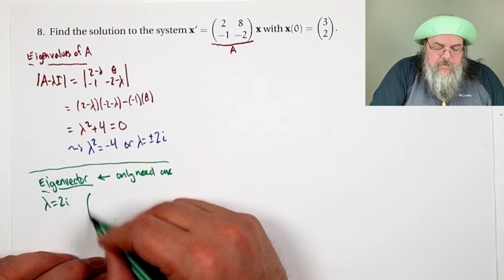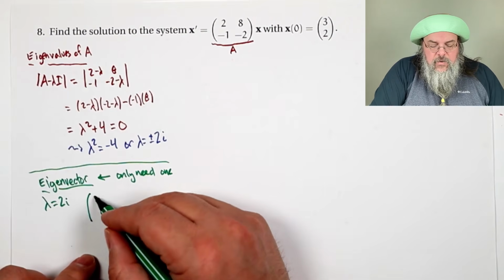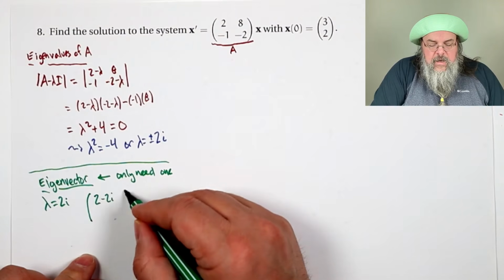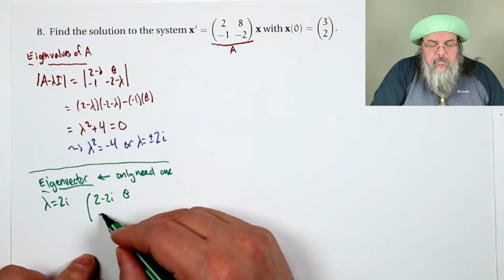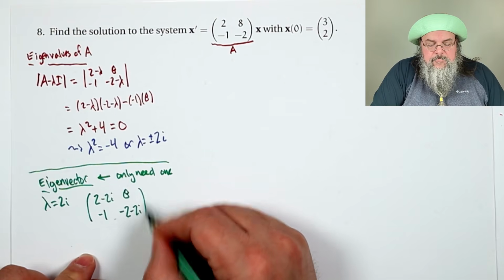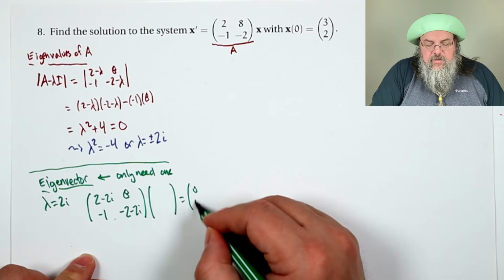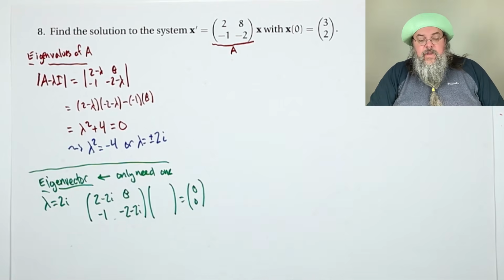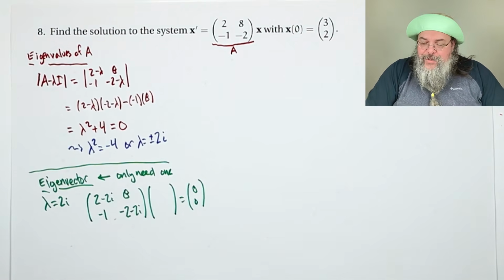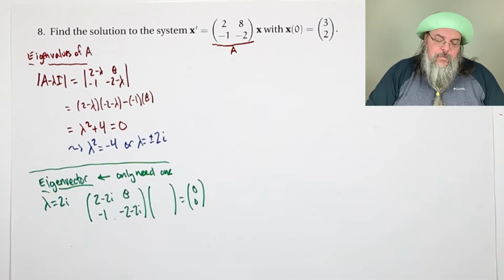So we put in lambda, we get [2 minus 2i, 8; -1, -2 minus 2i]. We have to multiply that by something and get out 0, 0. But we don't have to wander too long. We can figure it out pretty quickly.